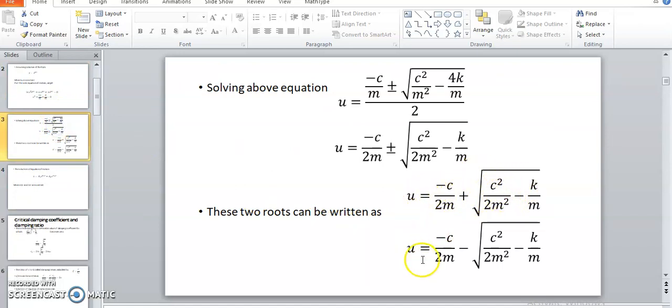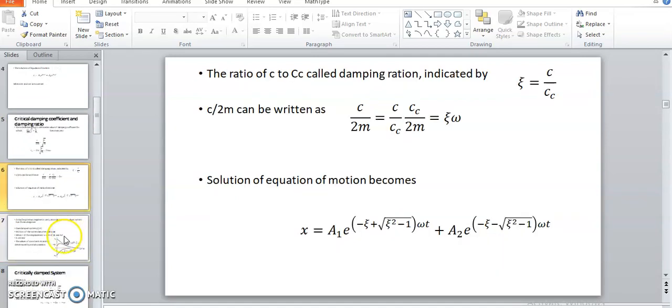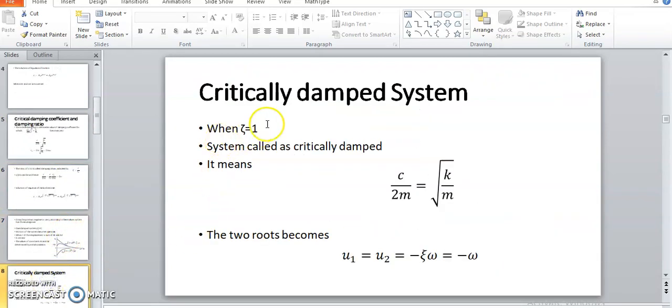Then and only then are the roots equal. That is called the critical damped case. Then the two roots become, for c by 2m, minus zeta omega. Zeta is 1 for the critical damped case, so u1 and u2 are equal to minus zeta omega, which becomes minus omega.